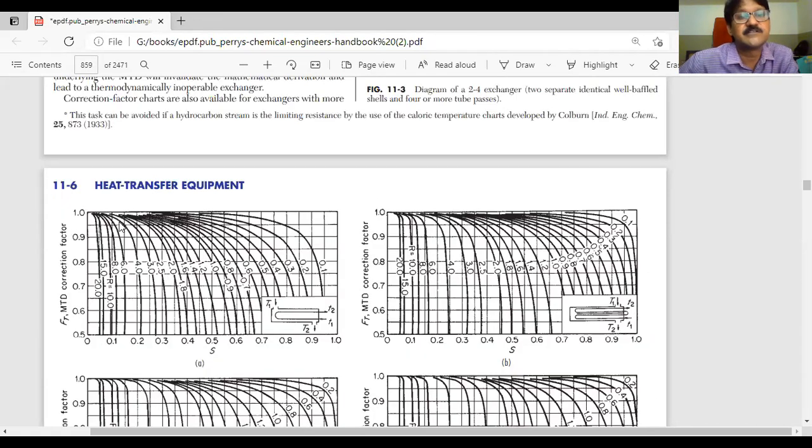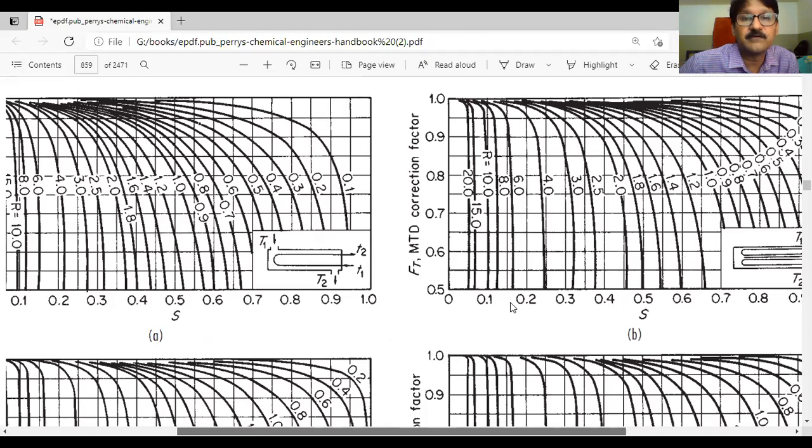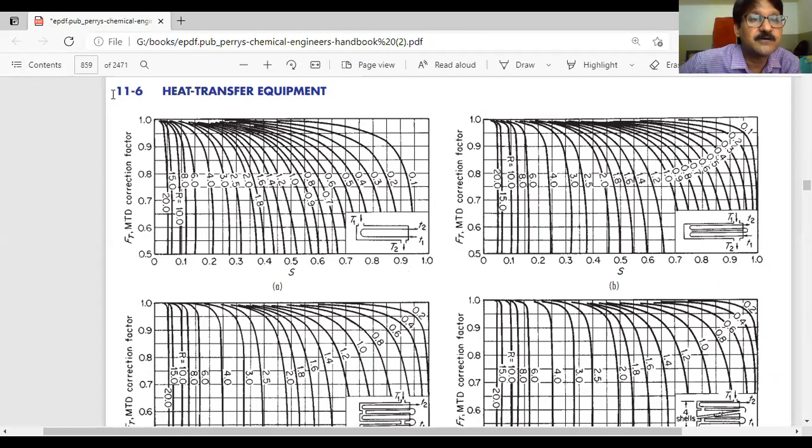So this is 11.6. Please all of you look at it. Can you see the shared slide? Perry handbook. Yes, sir. Okay, you can see here, page number 11.6. This is Ft, the correction factor. It depends upon what? This is the S value. Can you see this one? I'll highlight. And this is F1. I'll take.